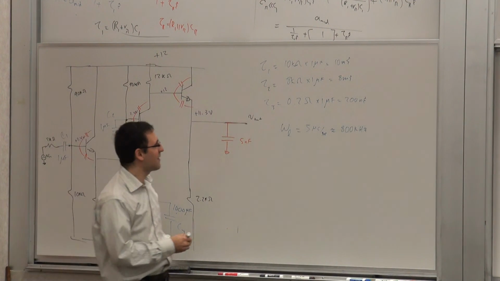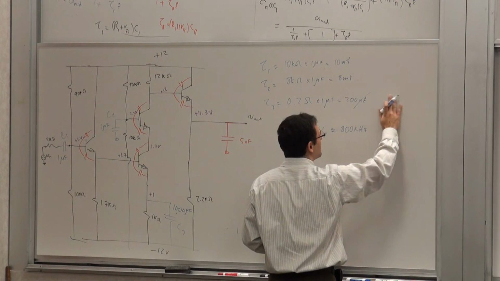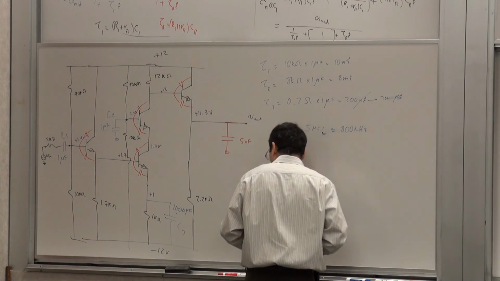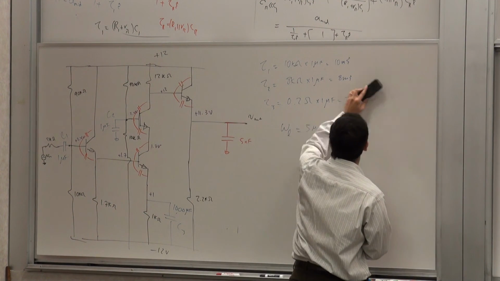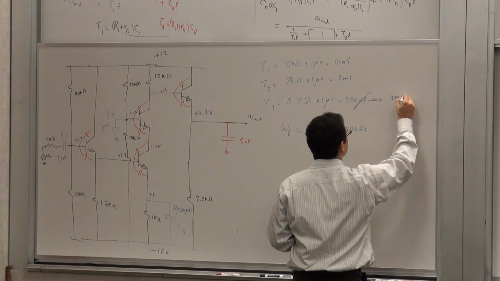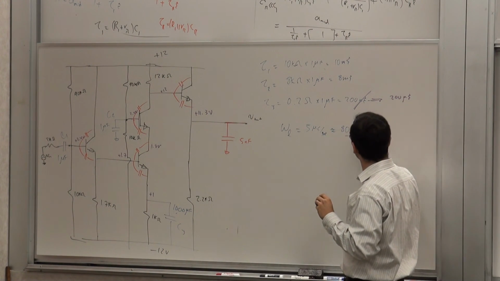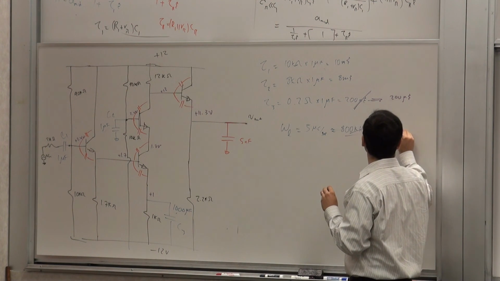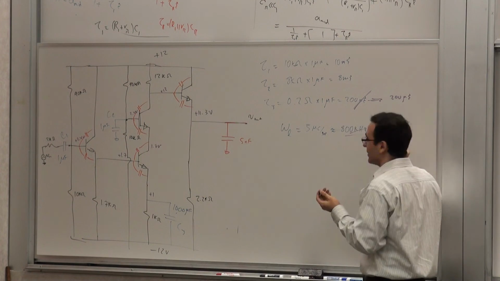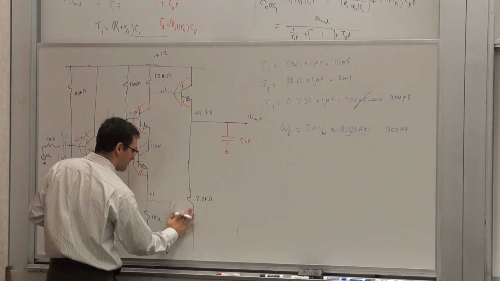If you go to that, then nanoseconds become microseconds. 200 microseconds, and this basically becomes 800 hertz. Still not good. That's not good. So that has to be larger, 10 millifarad.